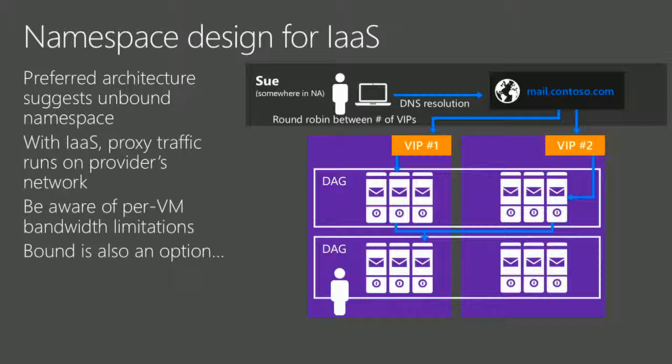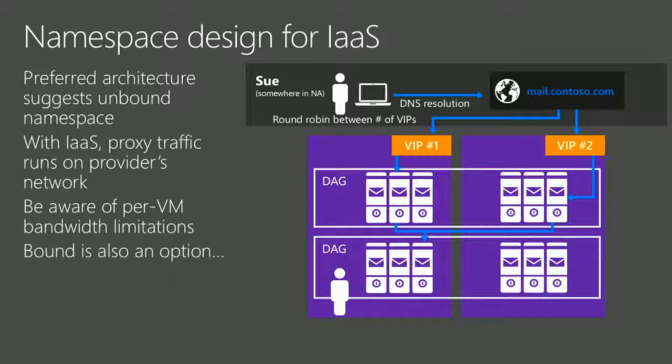My namespace is not bound to a particular site. So I might have a West Coast site and an East Coast site, and I have a single namespace that crosses both of them. Now I can direct traffic to that namespace in various ways, and we'll get to that in a few minutes. But essentially the servers in those sites are responsible for figuring out where the traffic's going to go in order to service the need.